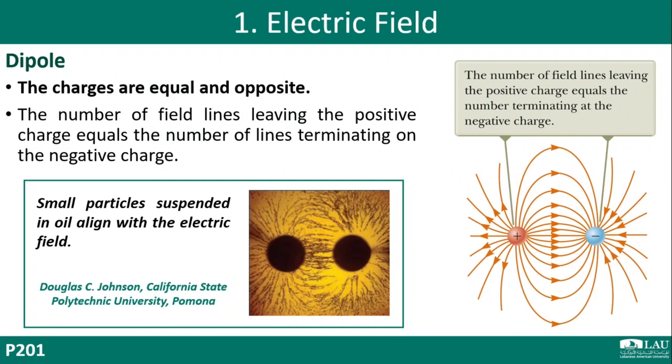The number of field lines leaving the positive charge is equal to the number of field lines terminating on the negative charge here, because in the case of a dipole we have two opposite and equal charges. So if the positive charge has a magnitude of, let's say, plus 5 microcoulombs, the negative charge will have minus 5 microcoulombs. Okay.